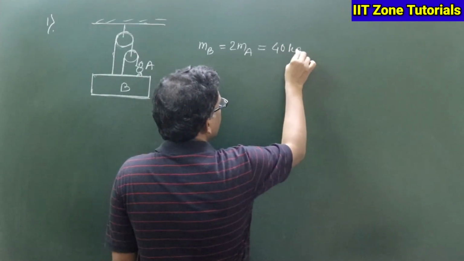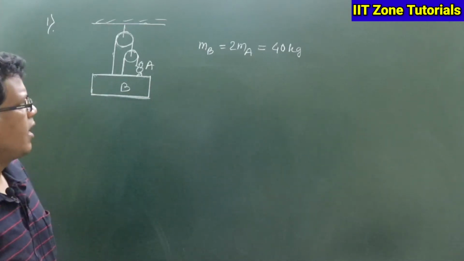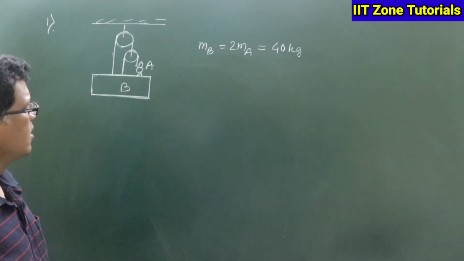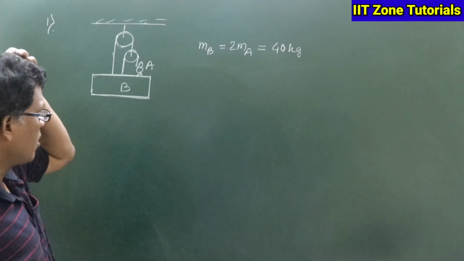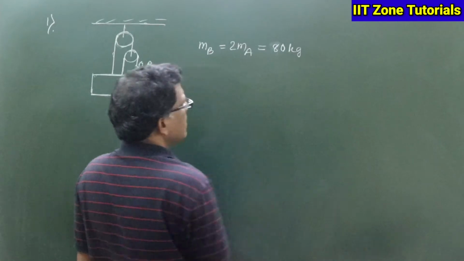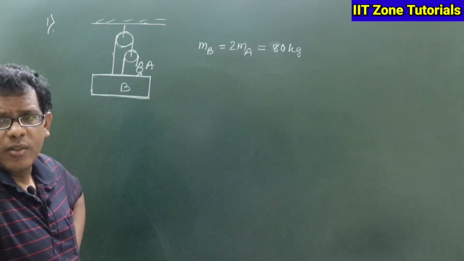Mass of A is 40 kg. Mass of B is twice the mass of A, that is equal to 80 kg.